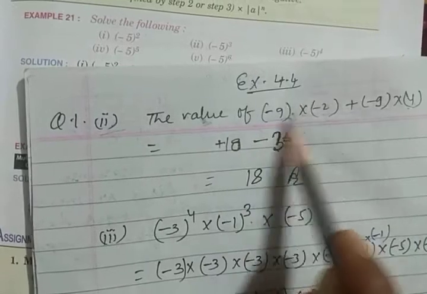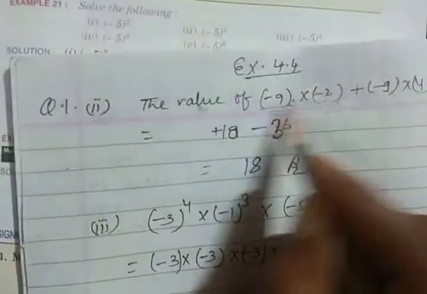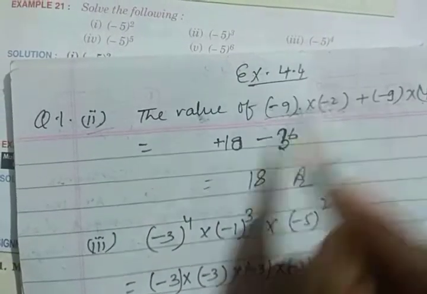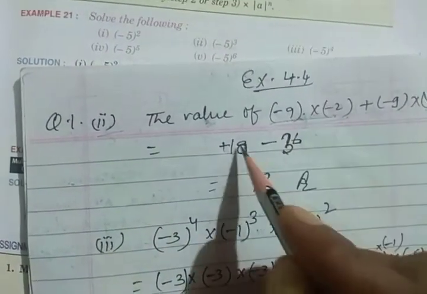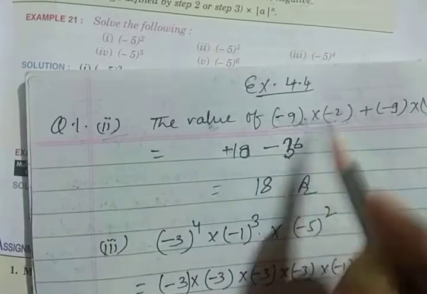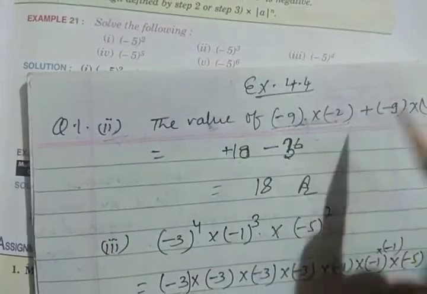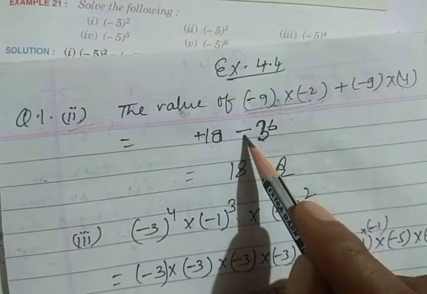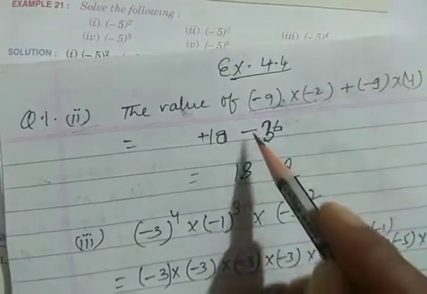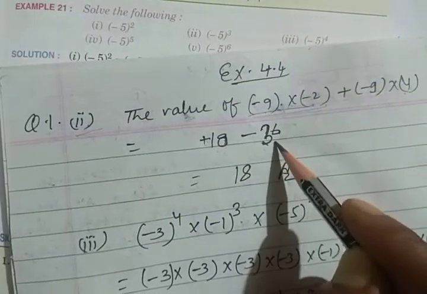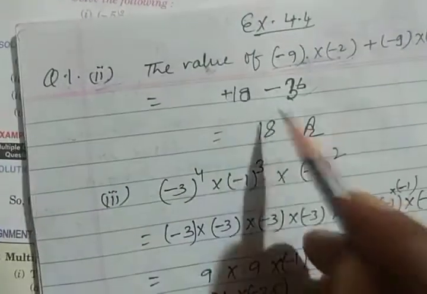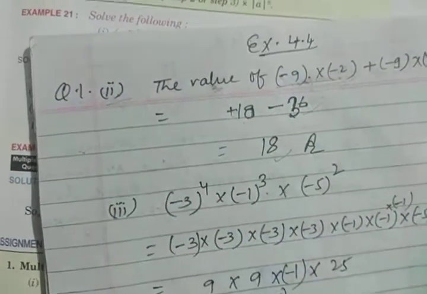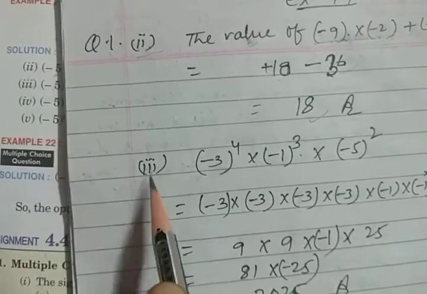So first we multiply this: minus 9 into minus 2. Here minus minus plus, and 9 twos are 18. Okay. Now plus minus minus, and 9 fours are 36. So here 18 minus 36 we get minus 18.